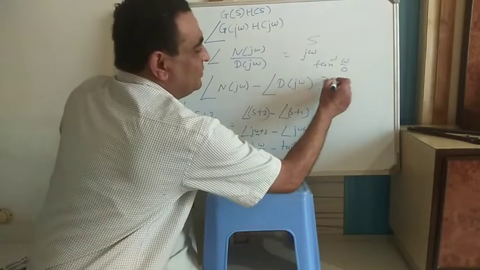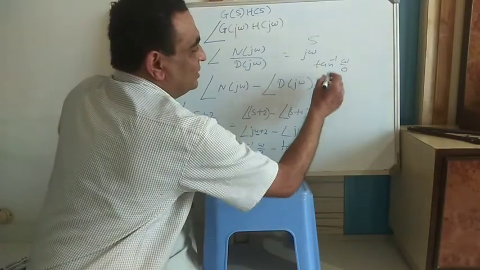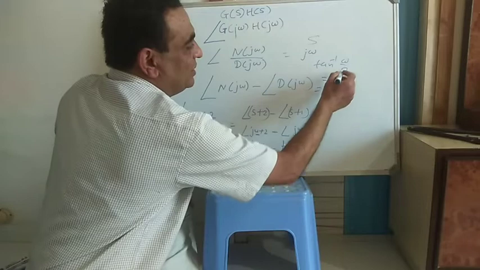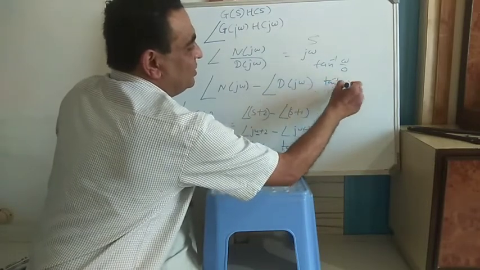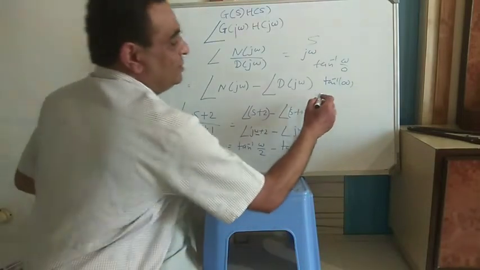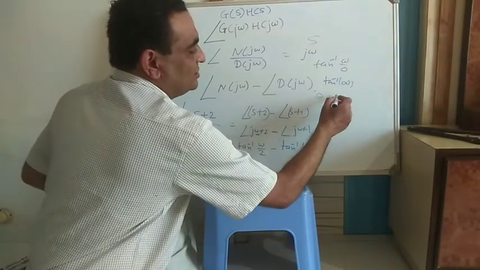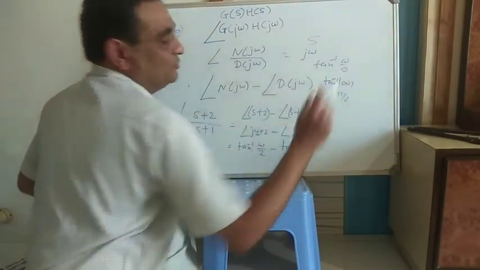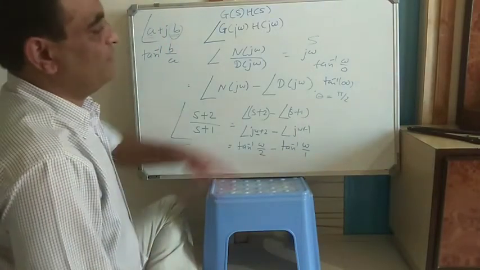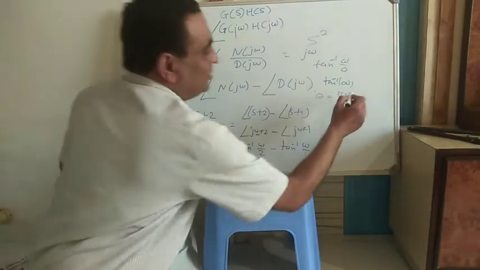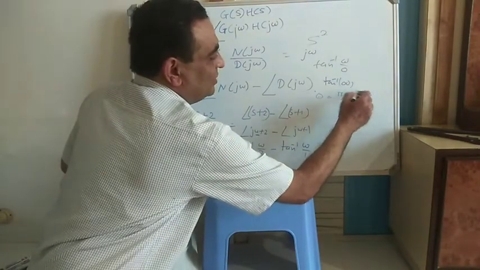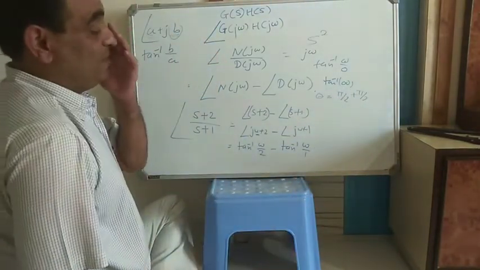So this is tan inverse of infinity. This is only when theta is pi by 2. Okay, so this is how you can find it. If it is s square, then it is pi by 2 plus pi by 2, 2 times pi by 2.